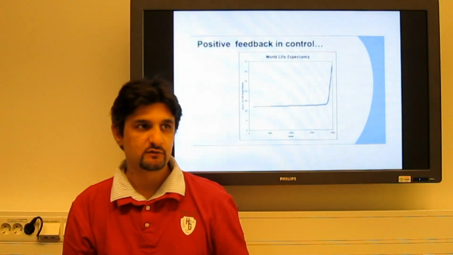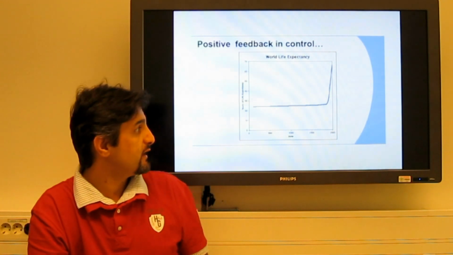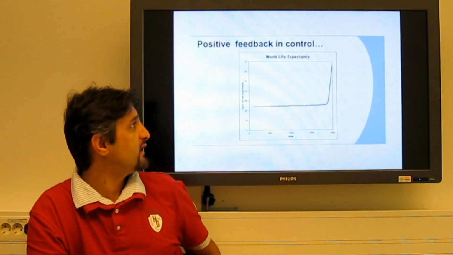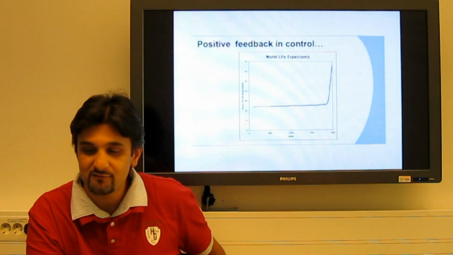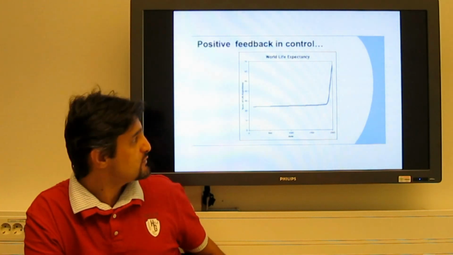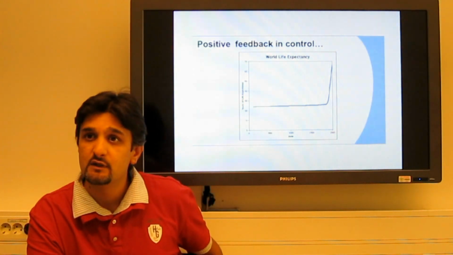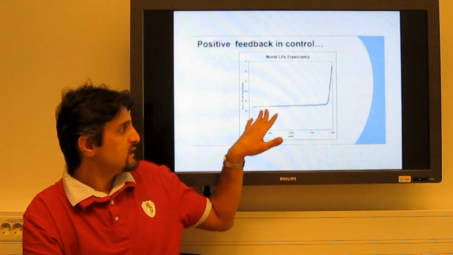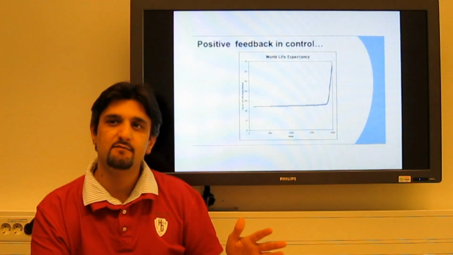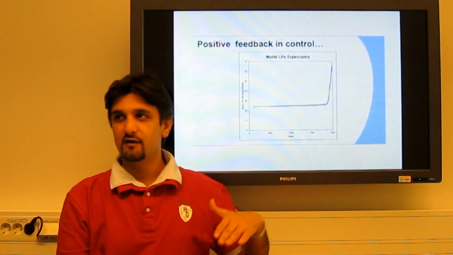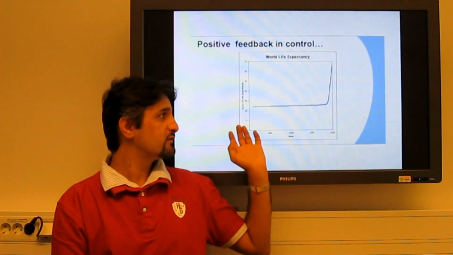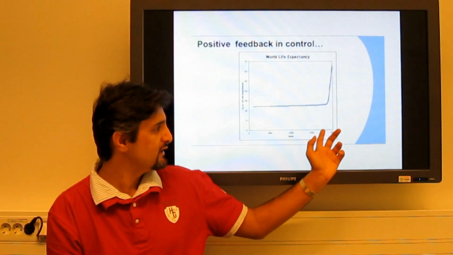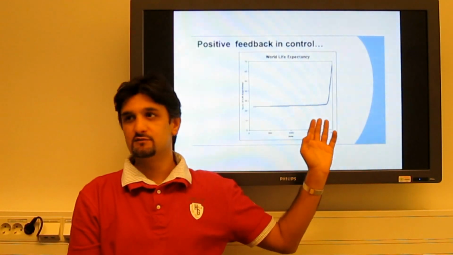For positive feedback in control, I've got a diagram here with two axes, the date and the years of life expectancy. It's hard to pronounce. Yeah, it used to be that before 1650 we just expected that everyone could live the same. But as you can see, there is nearly no slope here. We've had the same situation for like 1,600, 1,700 years.